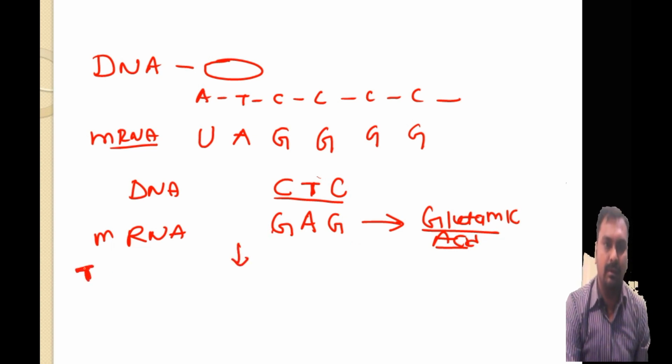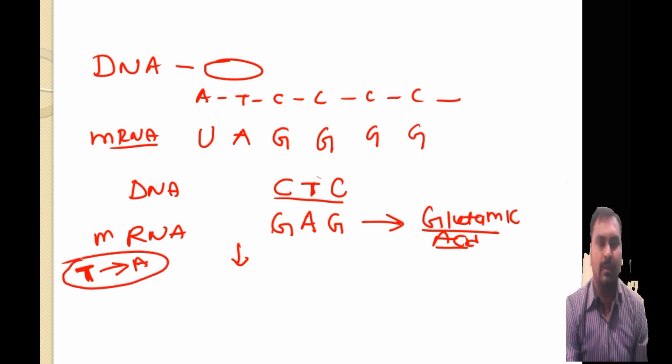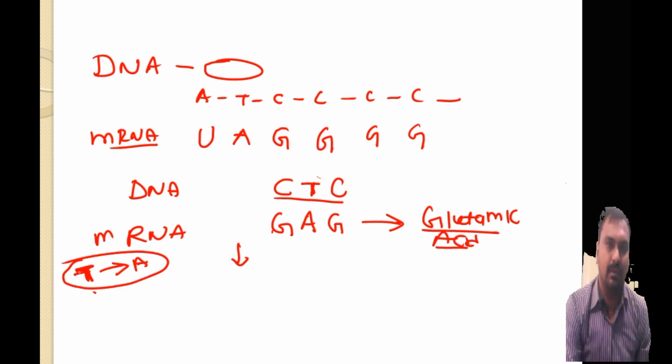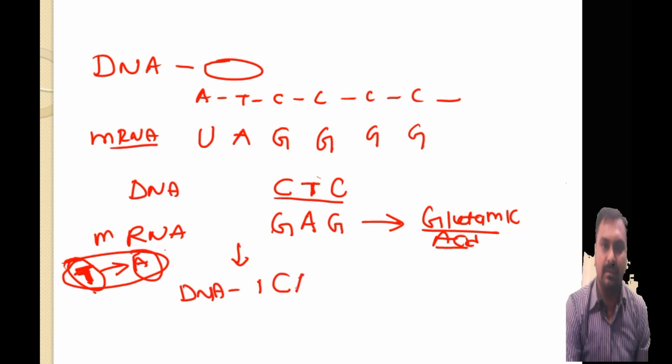Thymine, a pyrimidine, is replaced by adenine, a purine nitrogen base. So in the DNA, instead of CTC, there is a mutation to CAC.